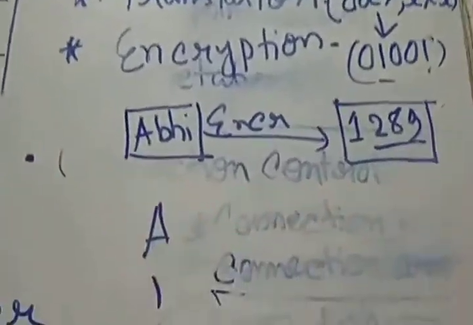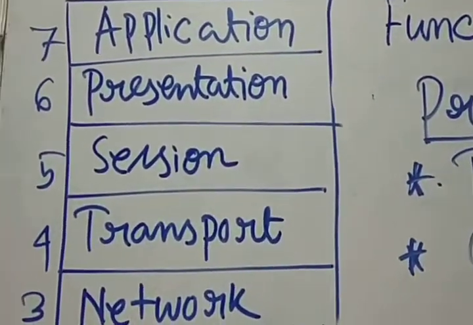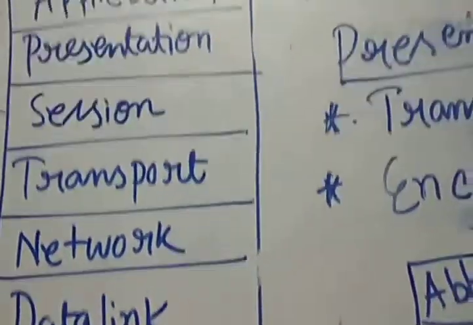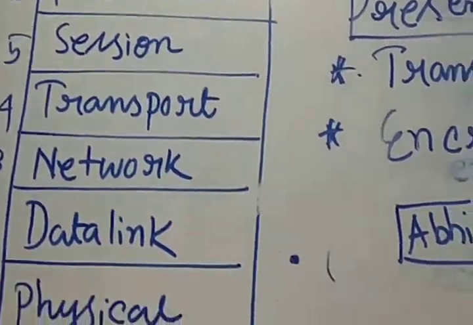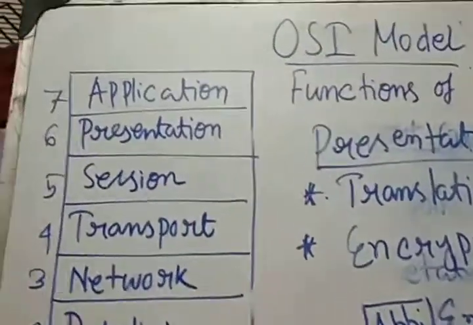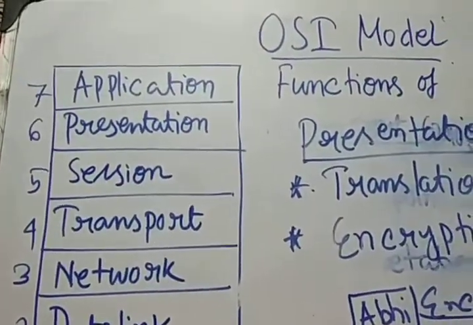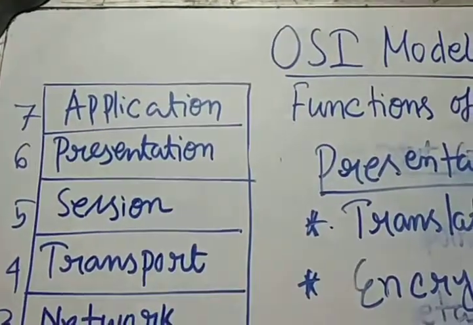The last layer is the application layer. From the sender's section, it is the first layer which initiates the application. There are different types of applications running in a computer.